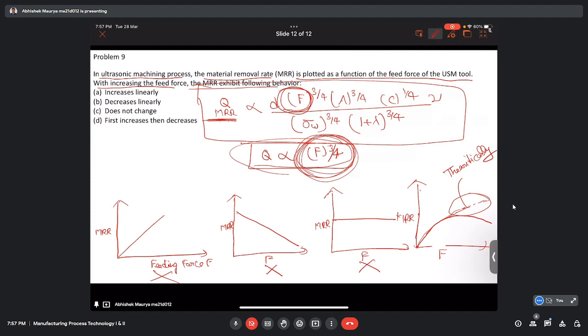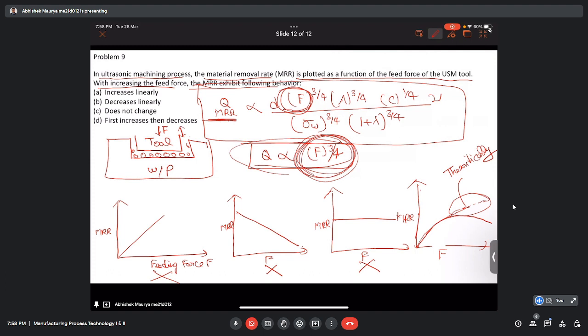Now let's try to see the process. We have this tool, we have the workpiece, and in between there are abrasives. What we are doing is applying some feed force over it and giving some vibration to the tool.